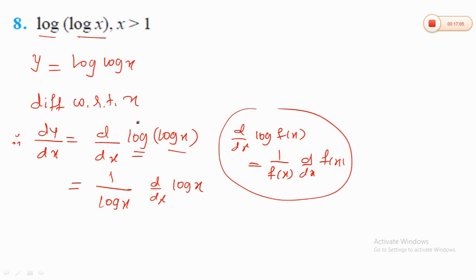First we have to differentiate this outer log, 1 upon f(x), which here means log x. So this equals 1 upon log x, and the derivative of log x is 1 upon x. Therefore this equals 1 upon x log x. So for 1 mark, this type of problem is important.